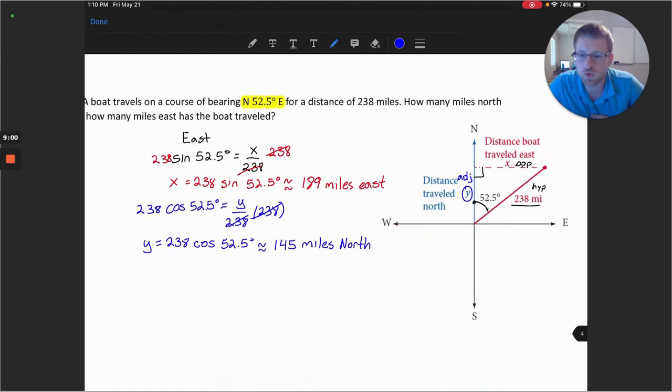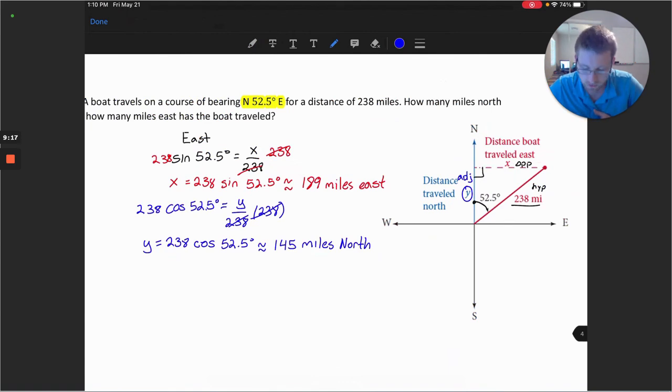So these would be our two directions, north and east, for this specific vector going 238 miles in the direction north 52.5 degrees east.